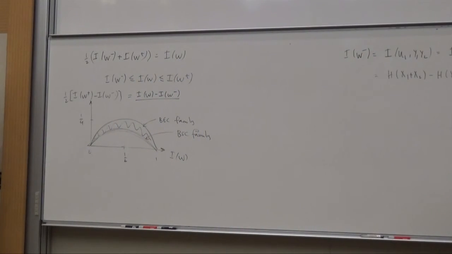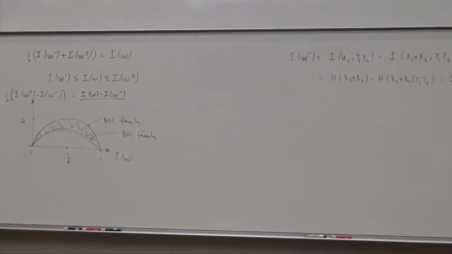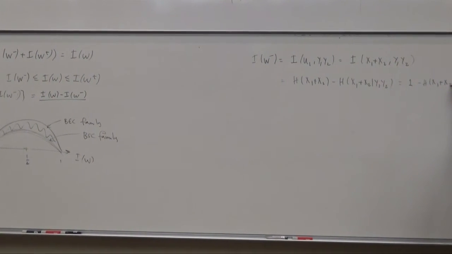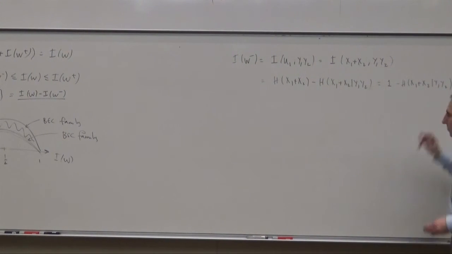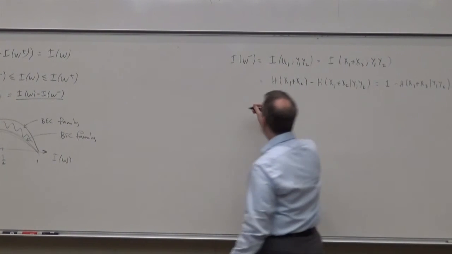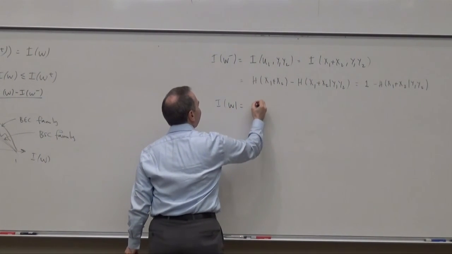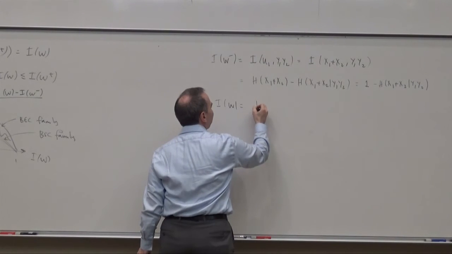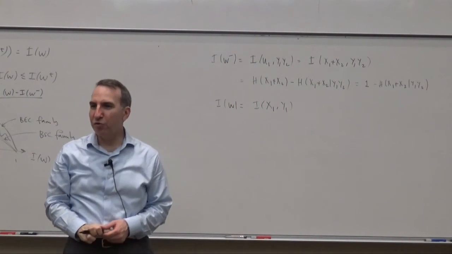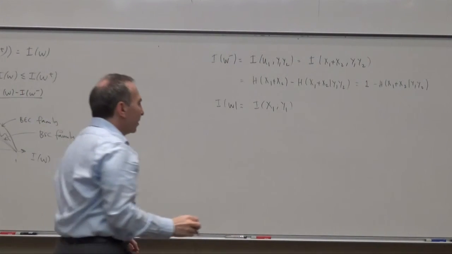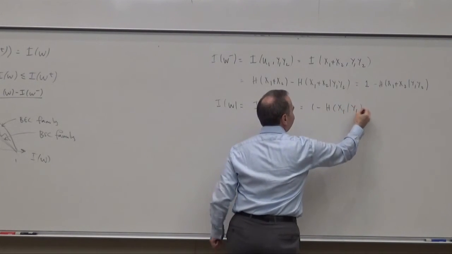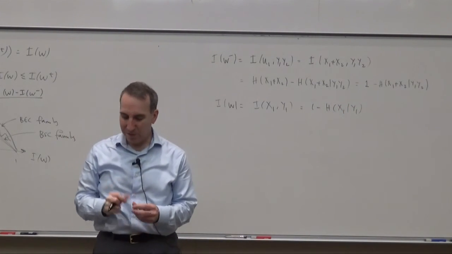These X1 and X2 are uniform bits, so this is 1 minus the entropy of X1 plus X2 given Y1, Y2. Whereas IW itself is the mutual information between X1 and Y1, and it's also equal to the mutual information between X2 and Y2. So it's equal to 1 minus h of X1 given Y1.